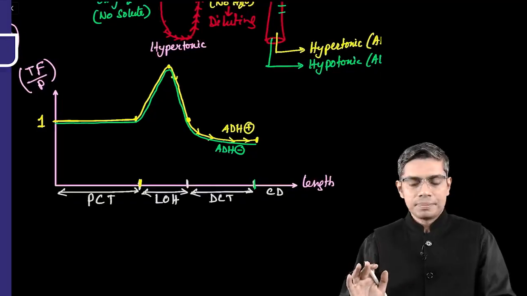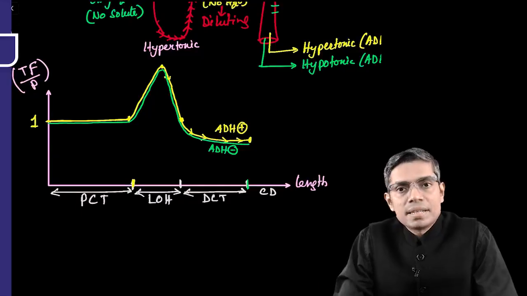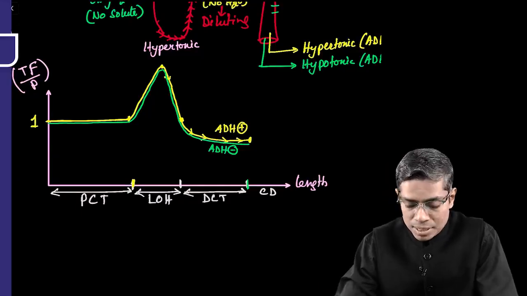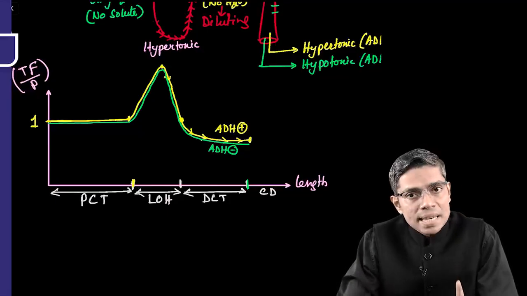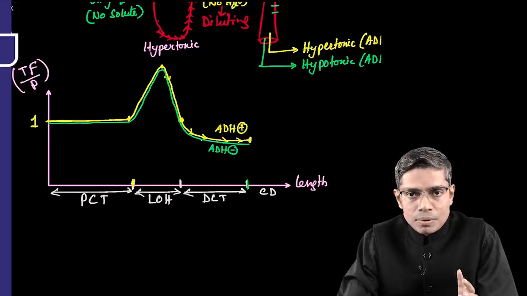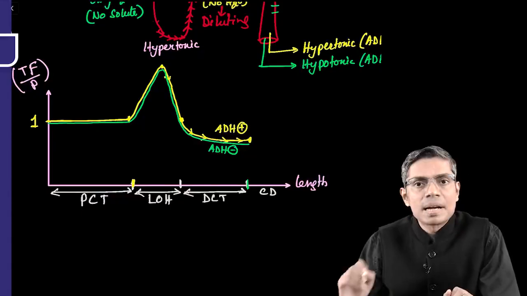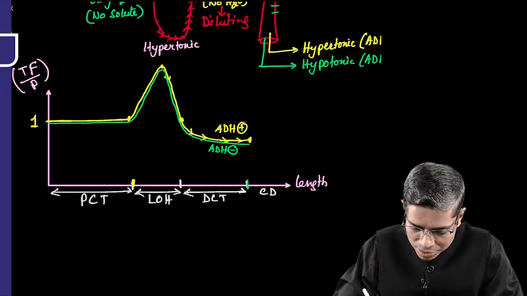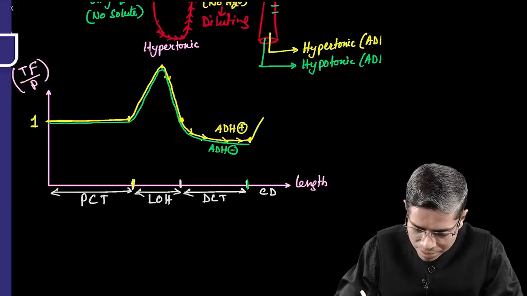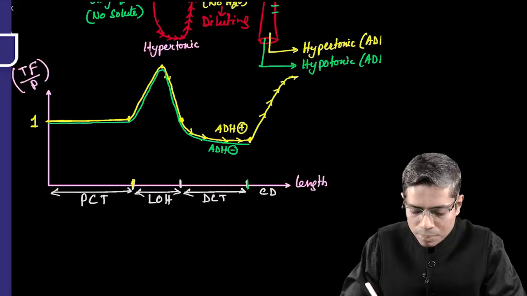Now when the urine is passing through the collecting duct, what will happen? Tell me. First look at the yellow curve, where ADH is present. When this hypotonic urine from the DCT reaches the collecting duct, ADH will reabsorb more and more water, and the tonicity of the urine will further increase and match almost the tonicity of the tip of the loop of Henle.